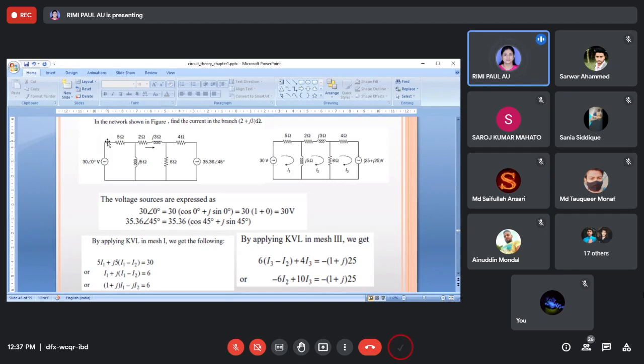And in the case of an alternating circuit, what is the big problem? The problem is that there is no polarity, right?